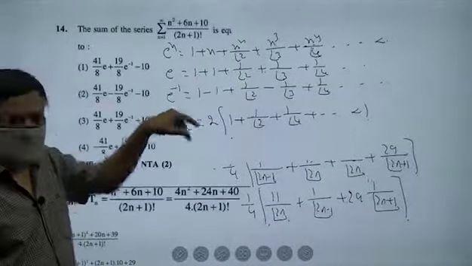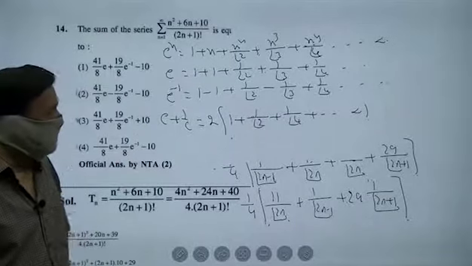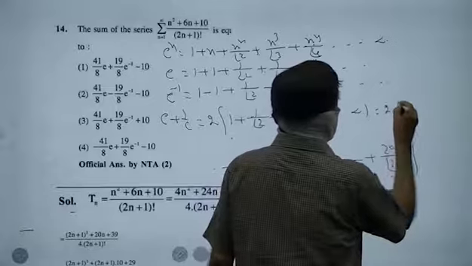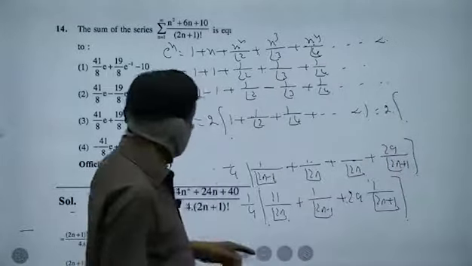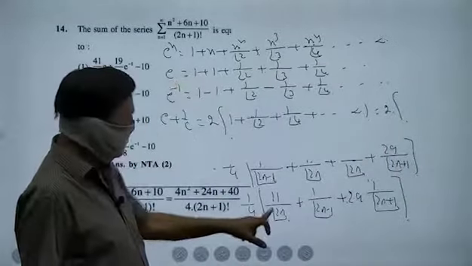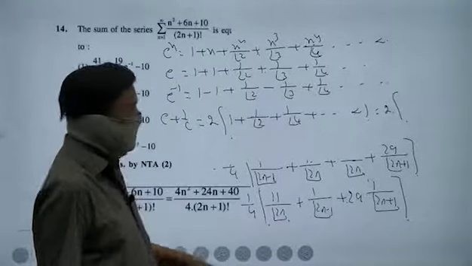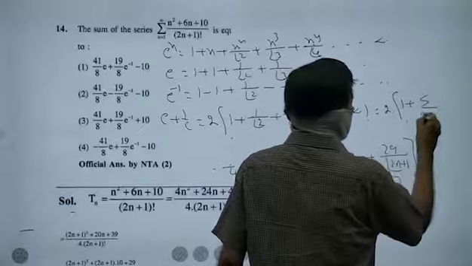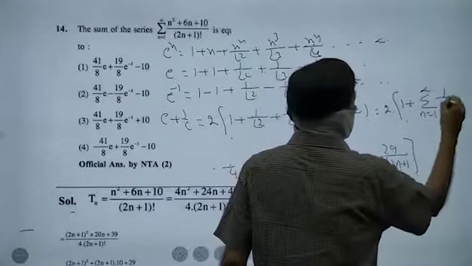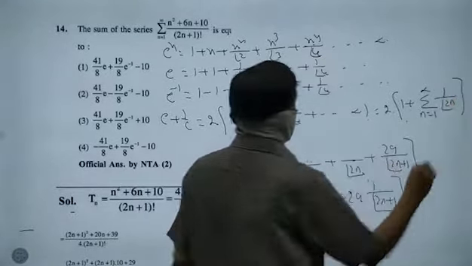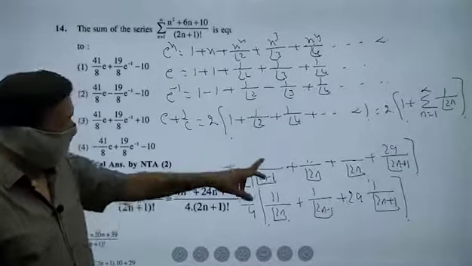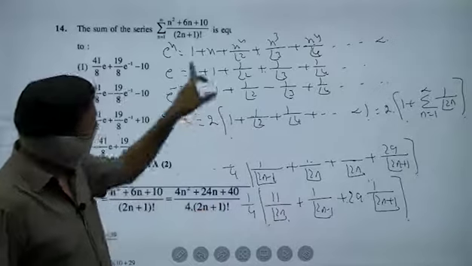This is nothing but 2 into 1 plus sigma n is equal to 1 to infinity of 1 by factorial 2n.